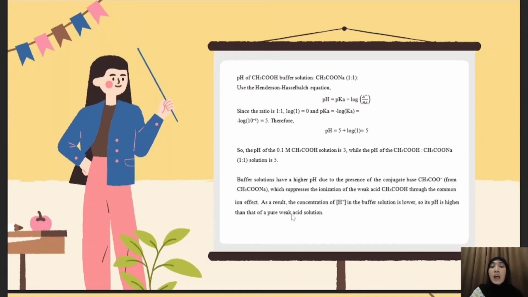The buffer solution has a higher pH due to the presence of the conjugate base CH3COO minus from CH3COONa, which suppresses the ionization of the weak acid CH3COOH through the common ion effect. As a result, the concentration of H plus in the buffer solution is lower, so its pH is higher than that of a pure weak acid solution.